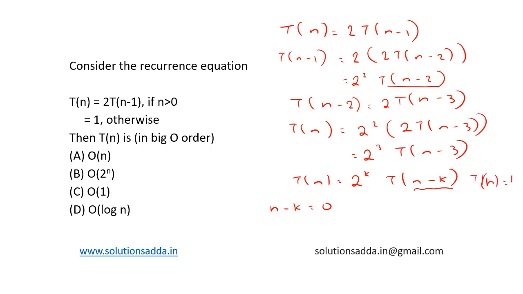So if n minus k equal to 0, then n is equal to k. Solving, we can write T of n is equal to 2 to the power k into 1. So T of n is order of 2 to the power n. Option B is the correct answer here.